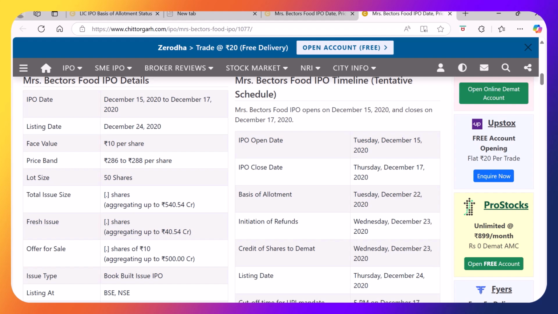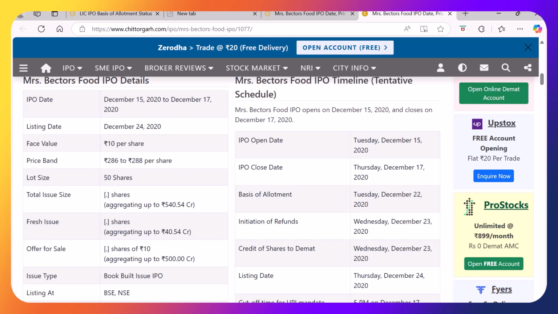So again, just to go through this, the IPO came in 2020. It opened on 15th December and closed on 17th December. Between 15 and 17, the IPO remained open, and within these days the whole IPO was oversubscribed, and the listing date was 24th December. The face value per share was 10, the price band was between 286 and 288, and the lot size was 50.